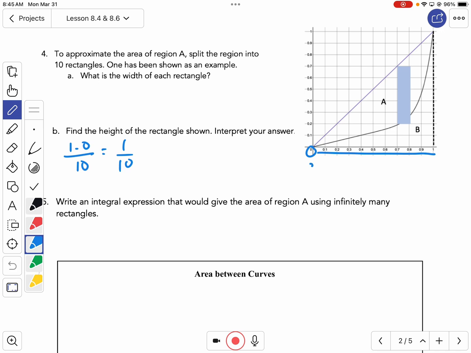So that's how we got the length of that entire region. If we were thinking about our intervals like we're used to doing, B minus A over N, right, B minus A over N. And then how could we find the height of the rectangle shown?